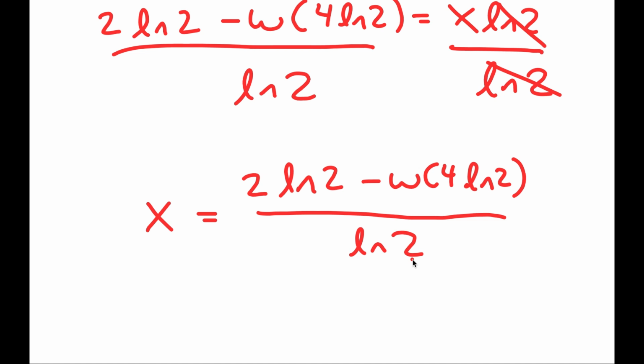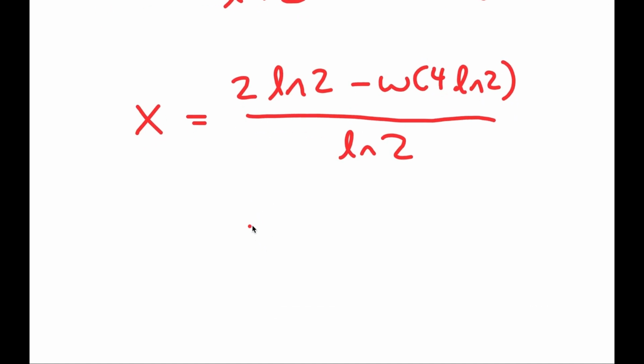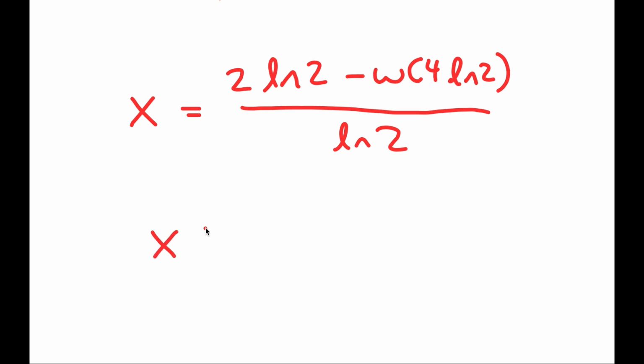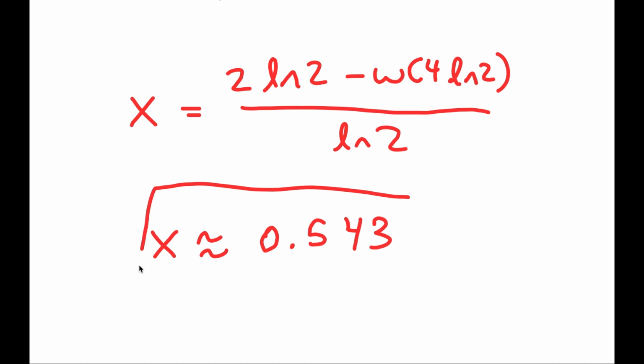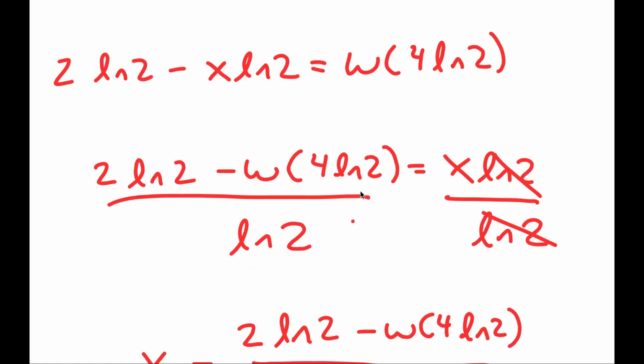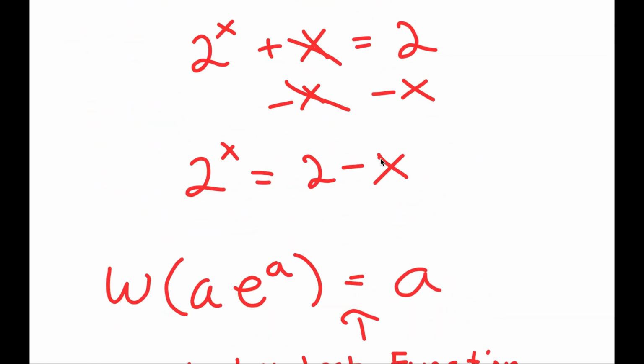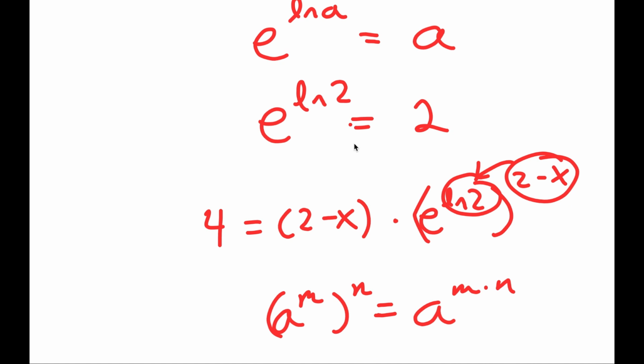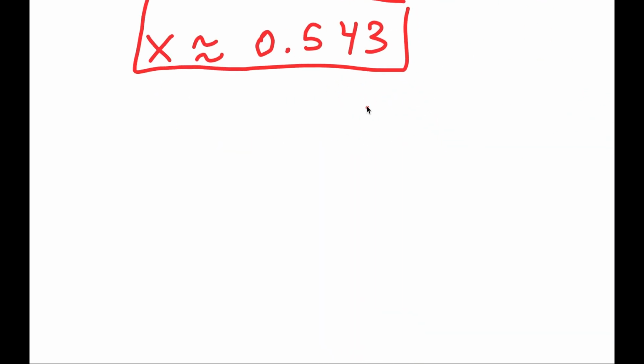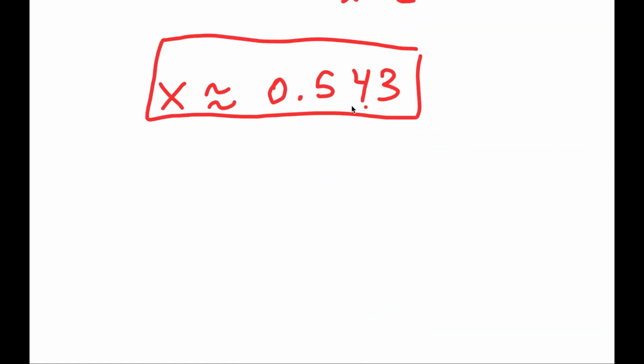So if I put this in Symbolab, I get that the value x is approximately 0.543. So this is going to be my solution, and you can even check this by plugging it into this equation here. You can do 2 to the power of 0.543 plus 0.543, but this is my solution.